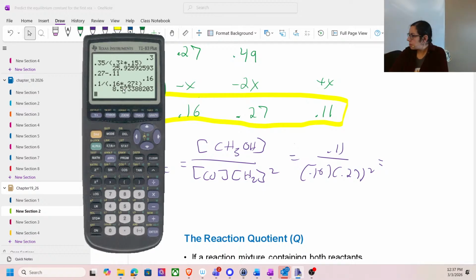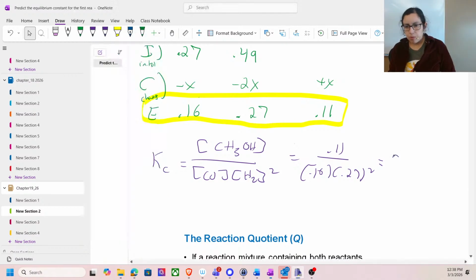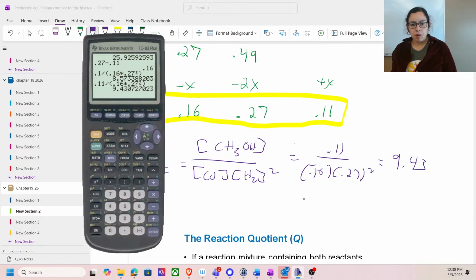Do we get this number? Oh, I see what I did. 0.11. Slightly off. I knew I did something funny. There we go. Does that look a little better? Thanks for checking me on that. So it should be 9.43. Showing your work is good in case you do a little calculator error like myself. So 9.43 for our equilibrium.